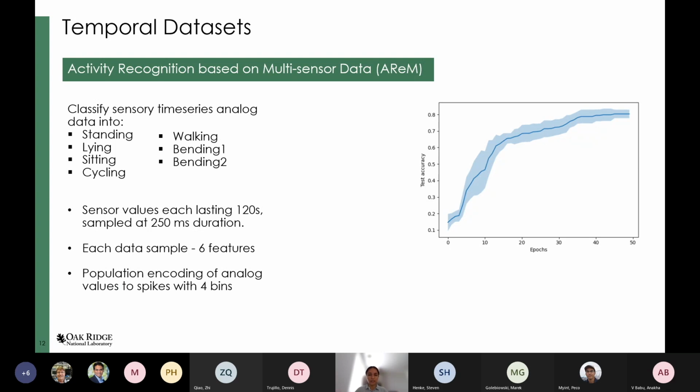This was carried out with some of the summer interns at our lab last year, and they observed roughly about 80% accuracy on this activity recognition data set. Again, this was with a simple 2-layered network.